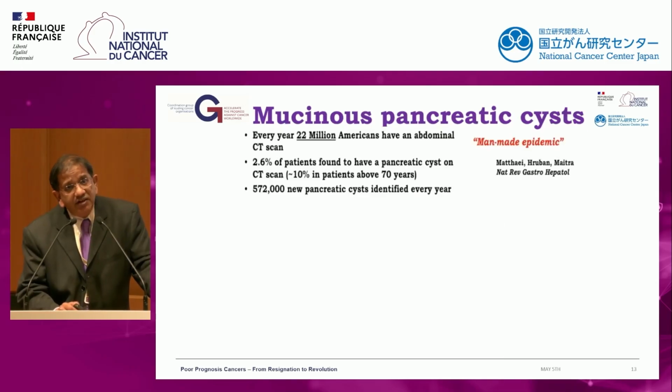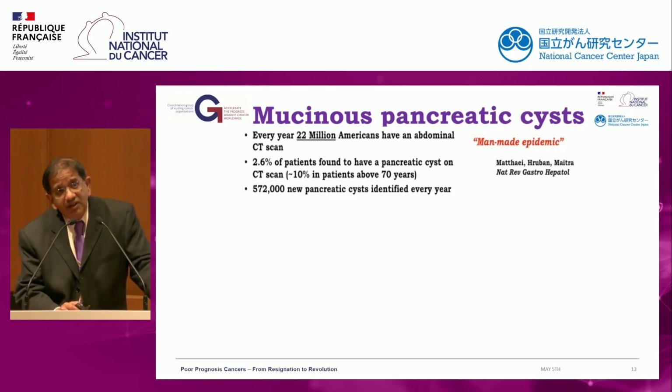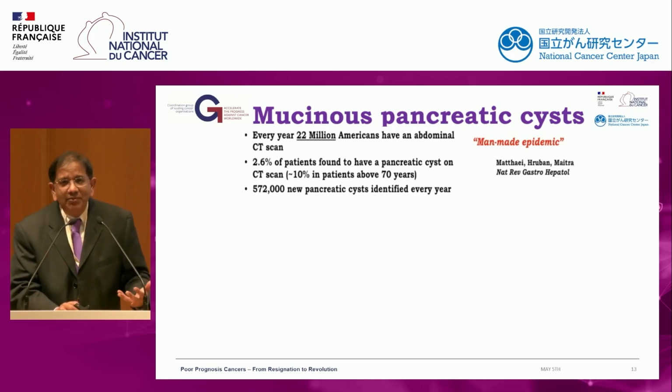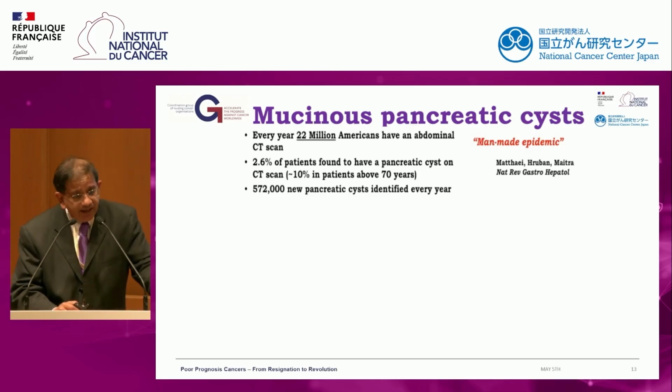The second category is these mucinous cysts in the pancreas. And again, surgeons in the audience know this. These are picked up on imaging scans, which are not necessarily done for a pancreatic symptom. Somebody could be coming in with some vague abdominal pain or a gallstone or a kidney stone, and there's a cyst sitting in the pancreas. And these numbers are actually somewhat outdated.